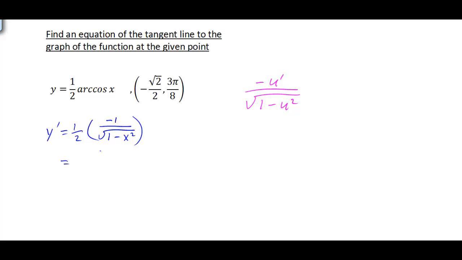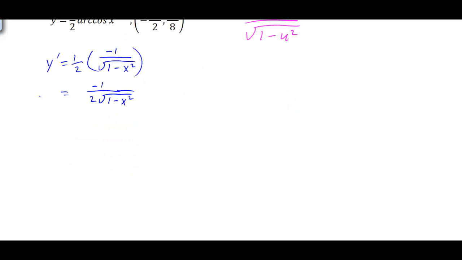And we could simplify this and go ahead and multiply the 1/2, so we would still have negative 1 over 2 times the square root of 1 minus x squared. And now we want to evaluate this at our given point.